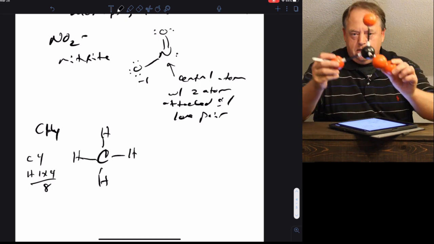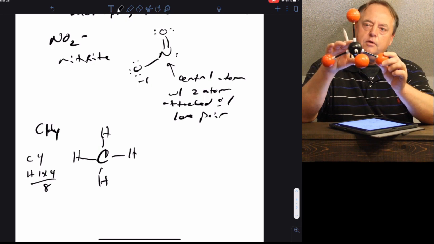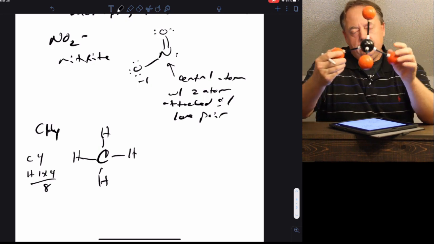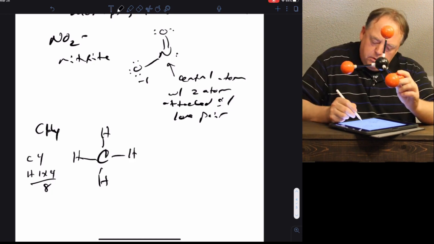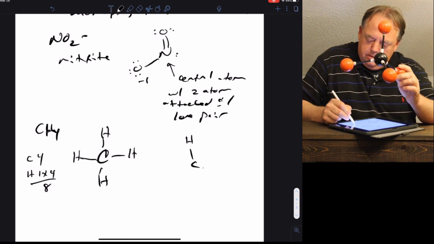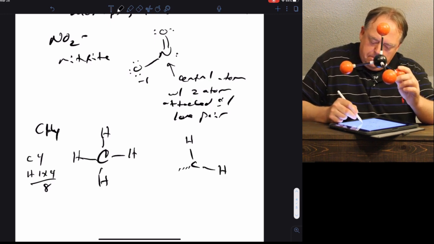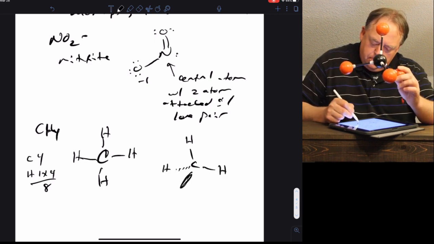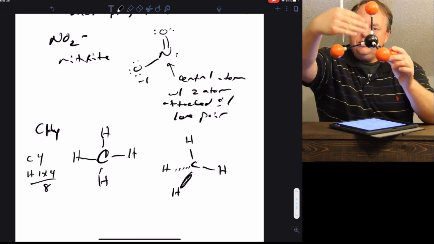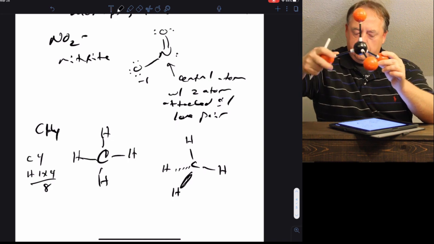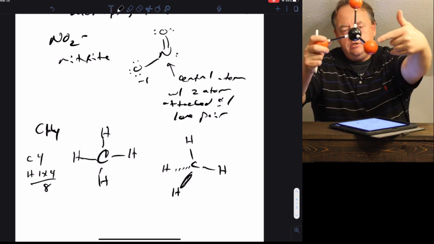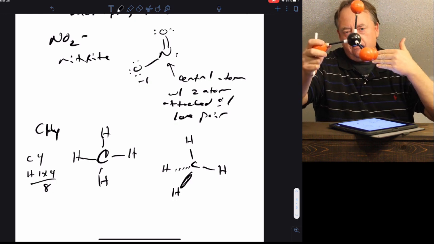What the molecule looks like in 3 dimensions, if you have a central atom with 4 things attached, is like that. And so that geometry is what's called, well, let me sketch it first. So here we have these 3 atoms, hydrogen, carbon, hydrogen, coplanar, and then you have 1 hydrogen coming towards you and 1 hydrogen going away from you.